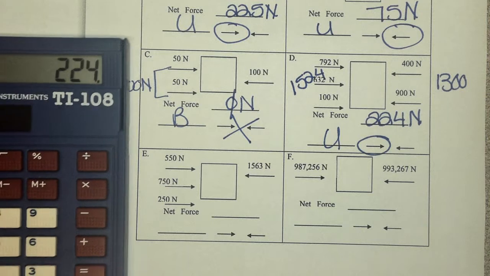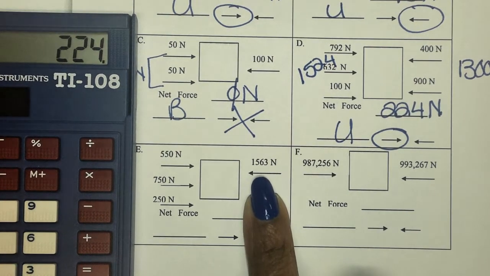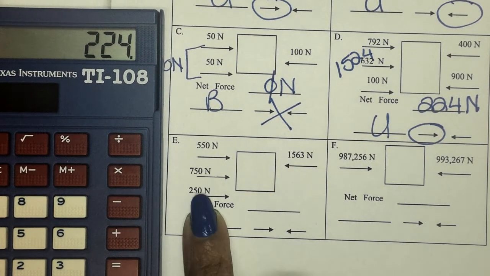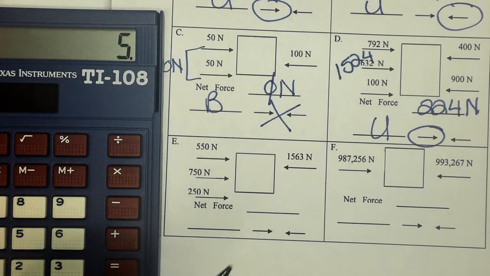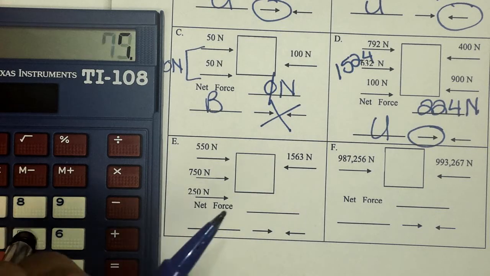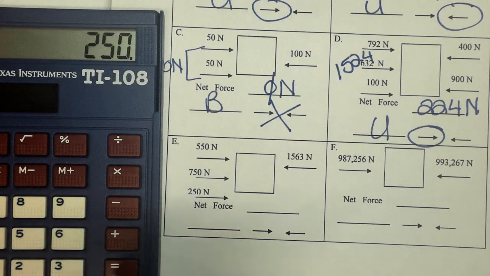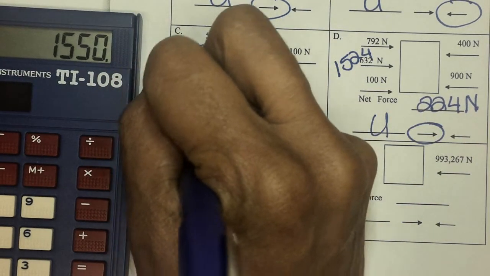Okay. Same thing here. You have 1,563 newtons on this side. So let's add up this side. So you have 550 newtons plus 750 newtons plus 250 newtons. So this is 1,550.